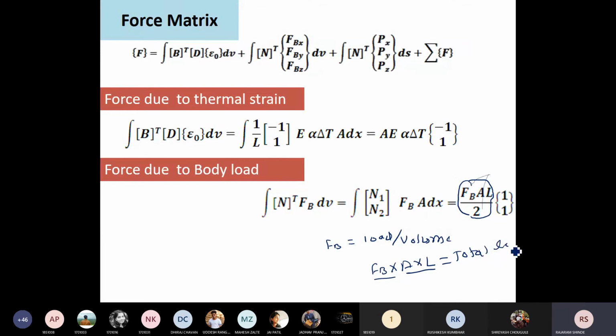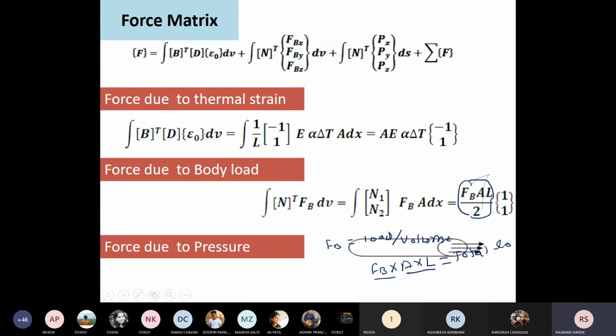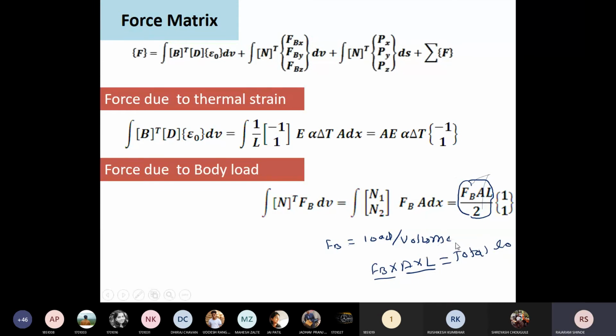Even if we consider the weight density and multiply FB by area into length, you will get the total weight. Now total weight divided by 2 becomes half of the total load, that is half of the total weight. Are you getting this? Half of the total weight.